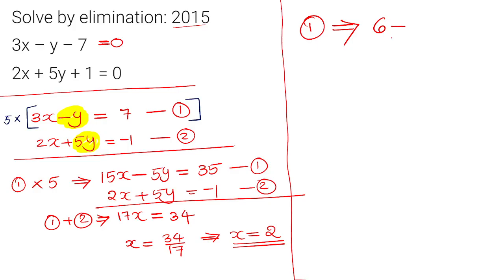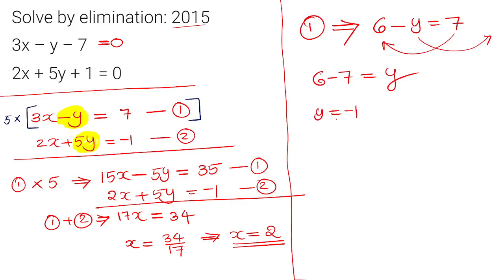Minus y equal to 7. Minus y goes to the other side, 7 goes to this side. 6 minus 7 is equal to plus 5. Or y equal to minus 1. So the solution is x equal to 2 and y equal to minus 1.